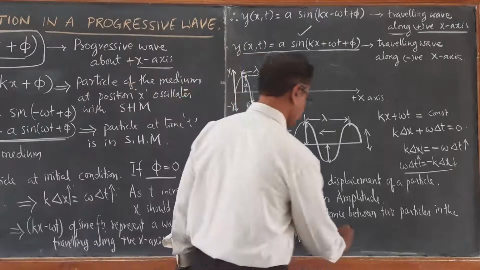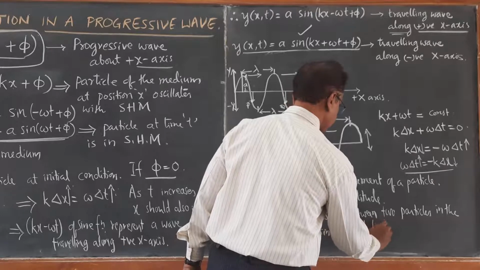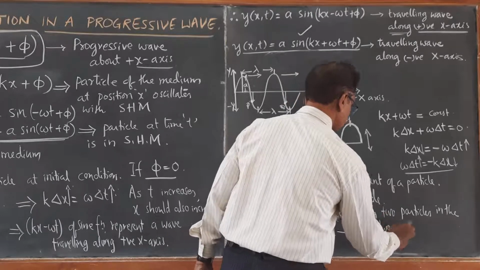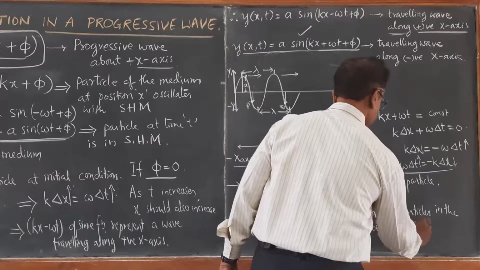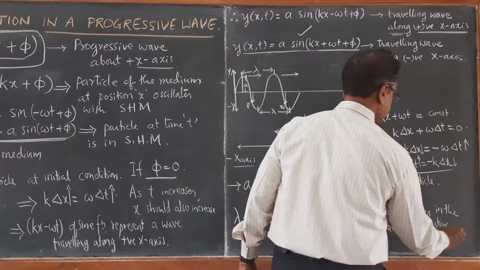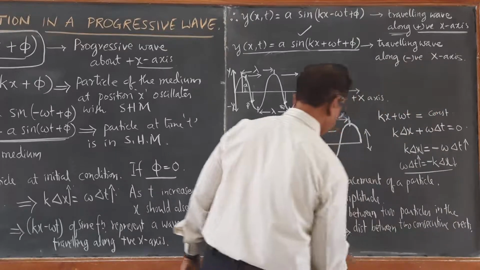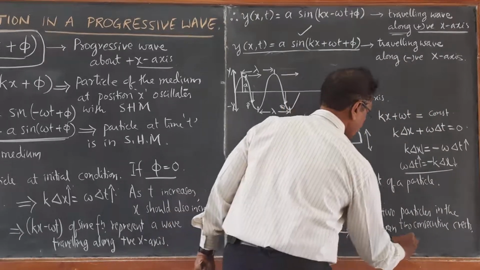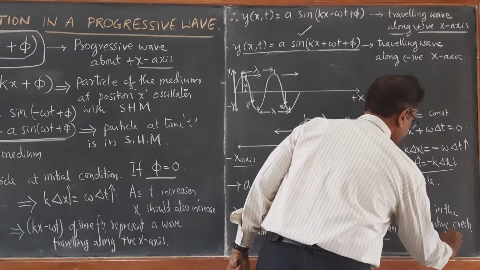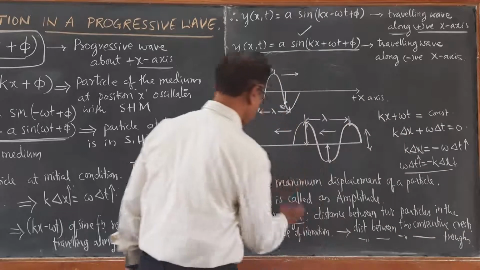Or in simple terms, the distance between two consecutive crests, or the distance between two consecutive troughs, is also called wavelength.